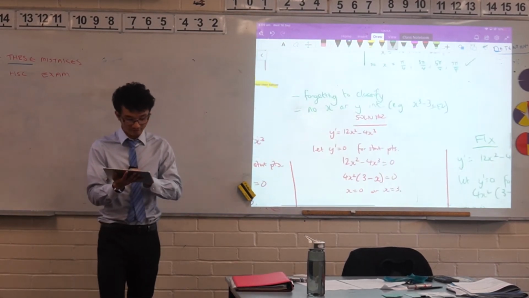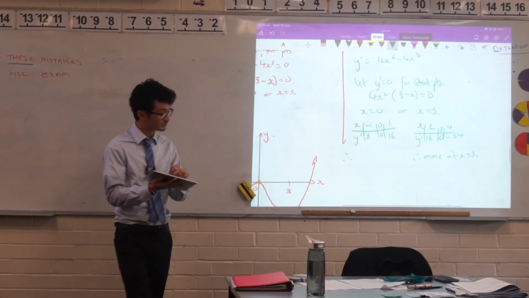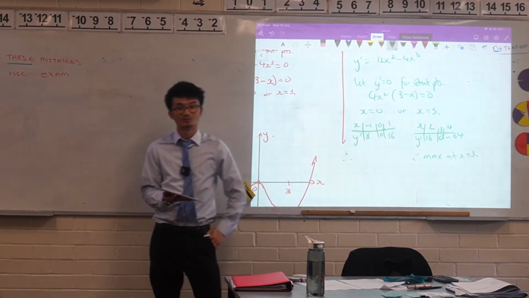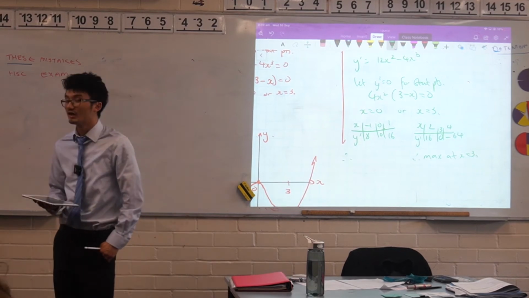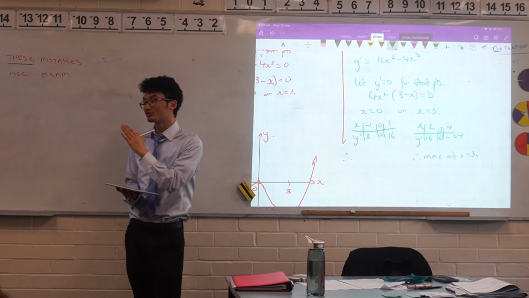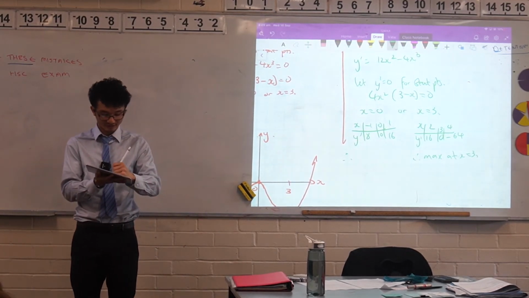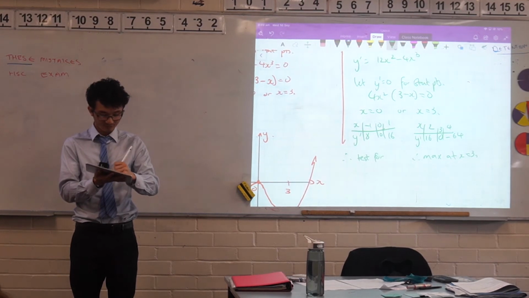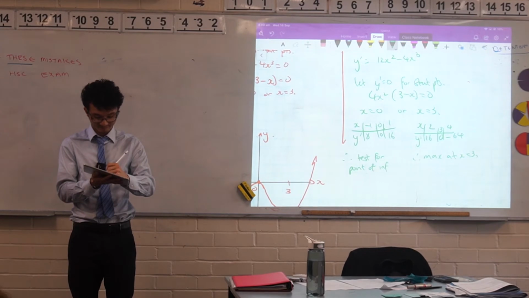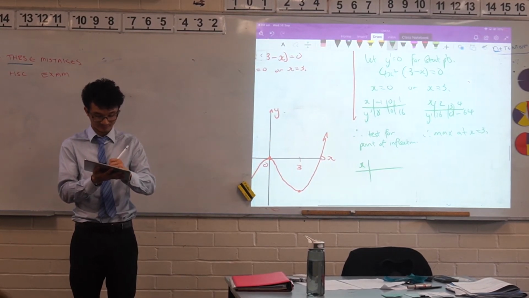Because if it says find the stationary points, you're saying that this is possibly a horizontal point of inflection. But not only does the gradient have to be the same on each side, you also have to have a change in concavity. So you need to use the second derivative to test for a point of inflection, okay?